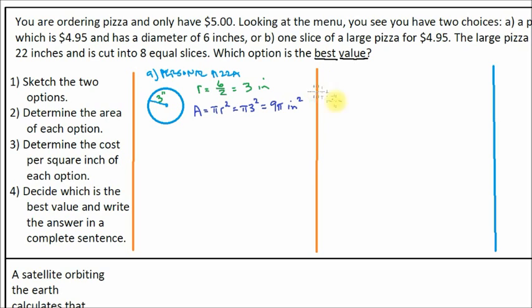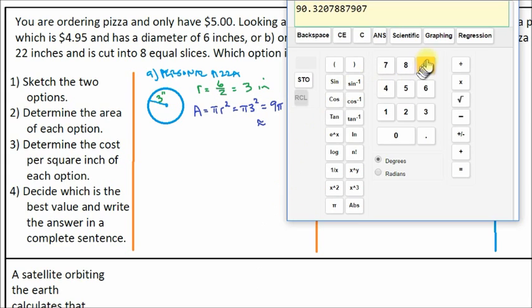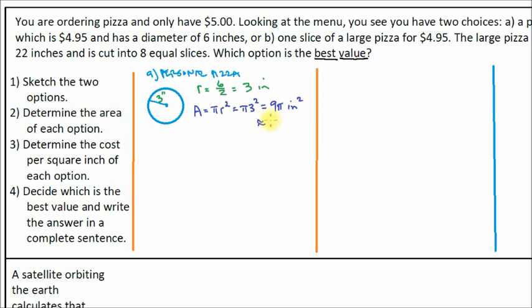And just so we can compare that to the other one, we're going to go ahead and convert that to a decimal. Let's say that's approximately, and let's figure this out, 9 pi is equal to 28.27 or 28.3, so approximately 28.3 square inches. Okay, we figured out the area of the first one.